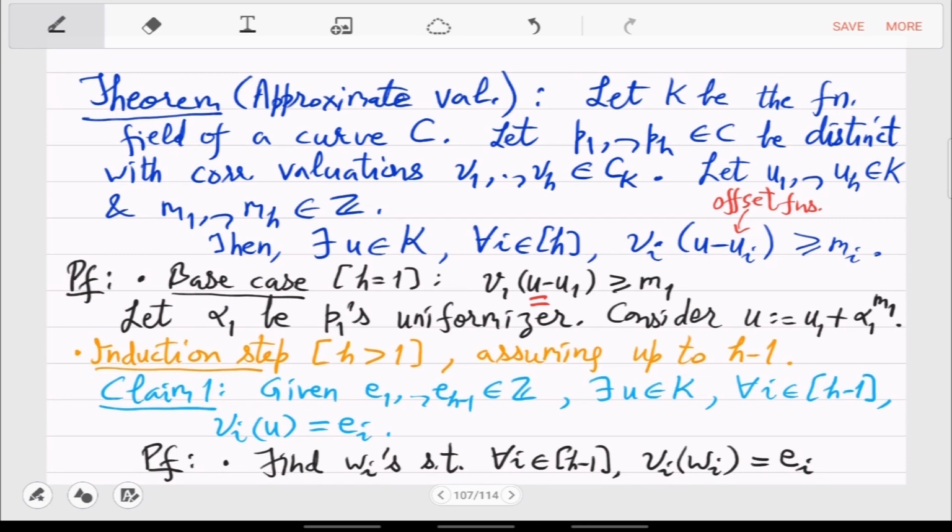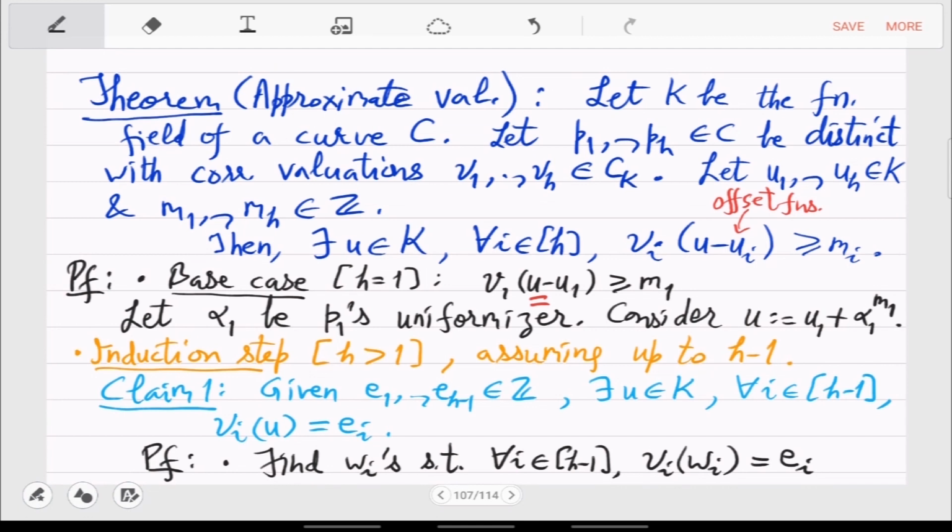What claim 1 is saying is that, assuming the theorem for up to H minus 1, you will always be able to find a U such that Vi(U) is equal to given Ei. So this is a simpler statement than the theorem statement. The theorem statement has an offset because it's a stronger result. The stronger result will give us the weaker result, which is claim 1. It's defined in a way so that you get claim 1 by induction.